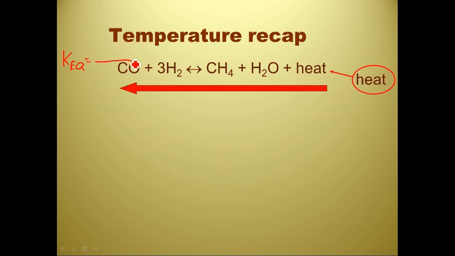What that means as far as the KEQ is concerned is that it's making more reactants, more stuff on the left than it is products. So that means that when I write products over reactants, products is very small and reactants are very large. When I take a ratio like this, a small number over a large number, I get a small number. So what winds up happening here is the KEQ actually winds up being reduced as it shifts left.